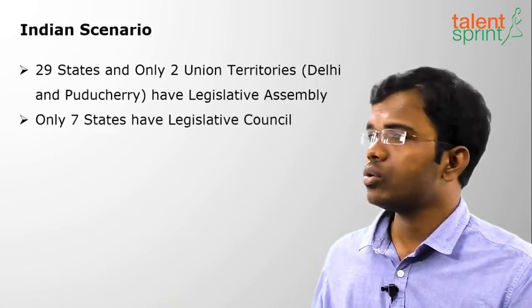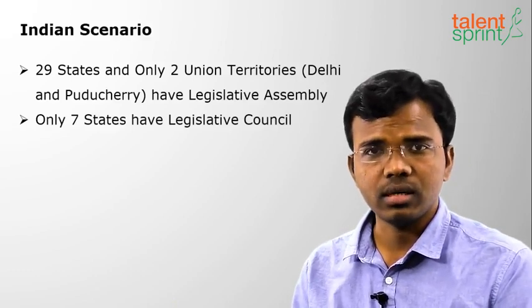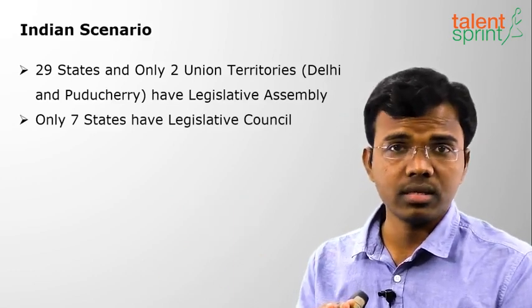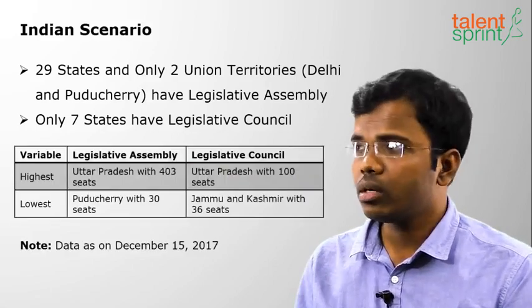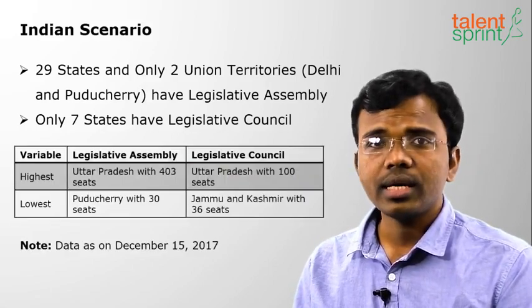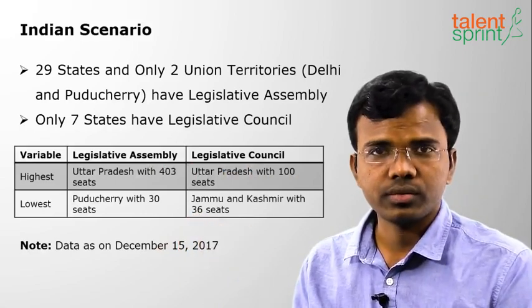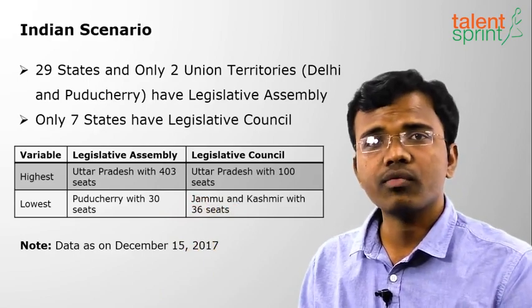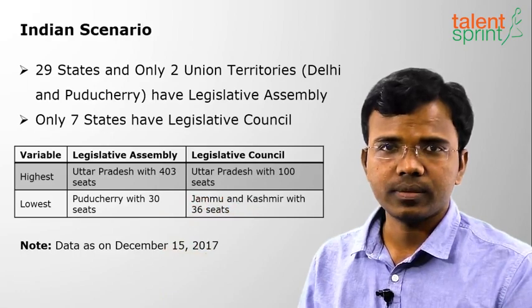And coming to the legislative council, only 7 states, as we have seen earlier, have a legislative council. Remember all those 7 states. Coming to the variables. The highest number of seats for assembly is for Uttar Pradesh with 403 seats, and the lowest number of assembly seats is for Puducherry with 30 seats.